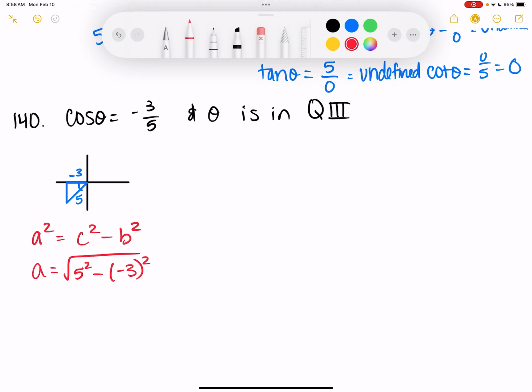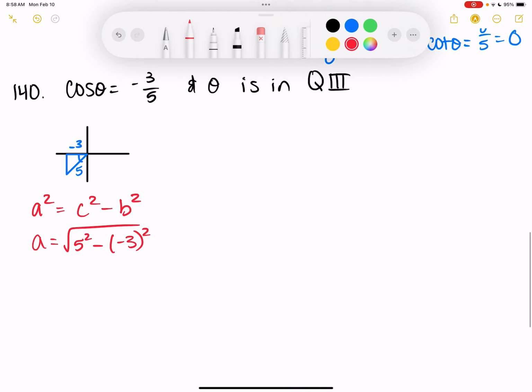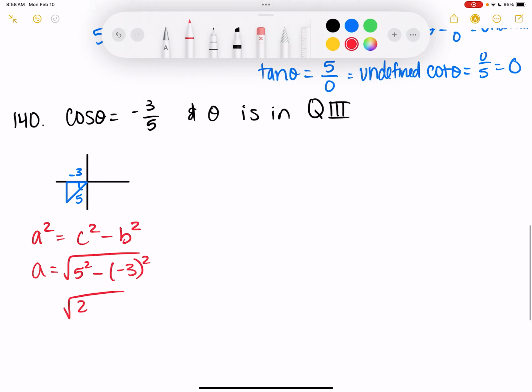So that's 25. Whoa, it's running away. 25 minus 9, which is 16. Square root of 16 is what? 4. So this side value over here that I just solved for is 4.